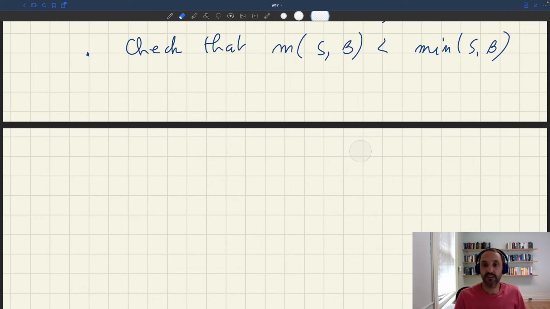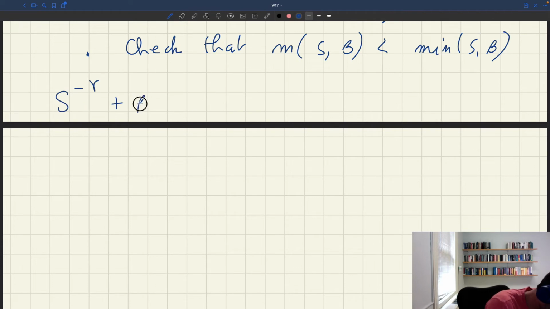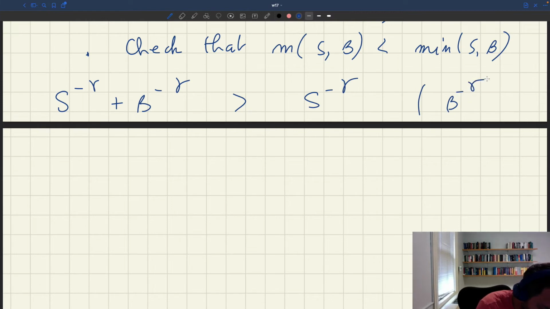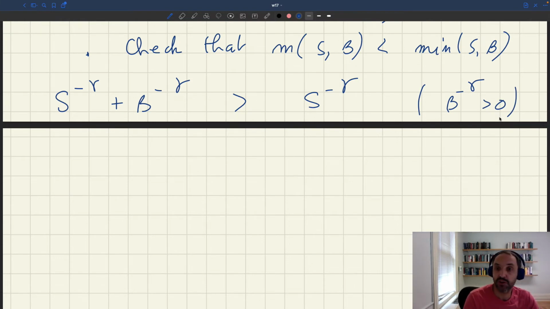So to check that the matching function is less than the minimum of the two arguments, we can first note that S to the minus gamma plus B to the minus gamma is strictly greater than S to the minus gamma. That's of course because B to the power of minus gamma is positive. Now, what I'm allowed to do is take both sides of this inequality to the power of minus 1 over gamma.